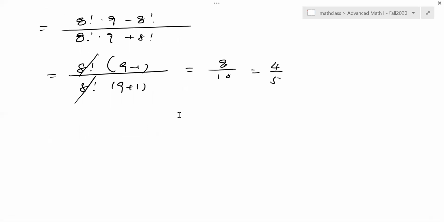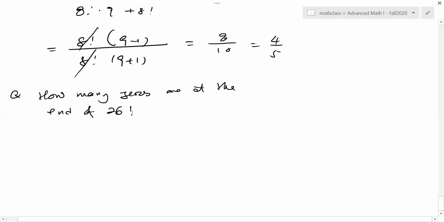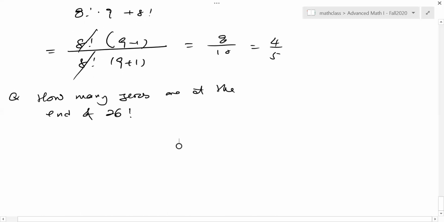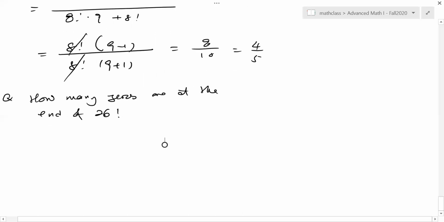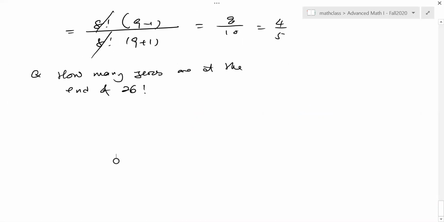Oh, by the way, there's a related problem. How many zeros are at the end of 26 factorial? Anyone have an idea?